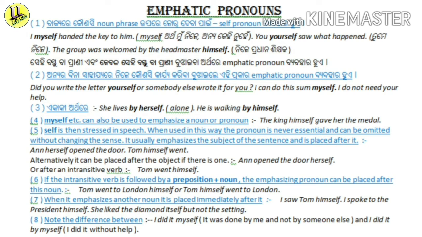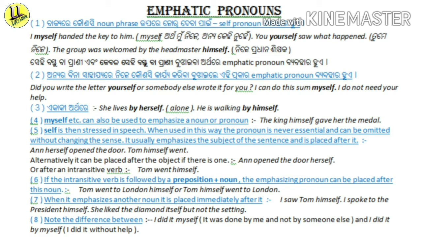For example, I myself handed the key to him. Here myself means I, not any other. You yourself saw what happened. Here yourself refers to you, not anybody else.